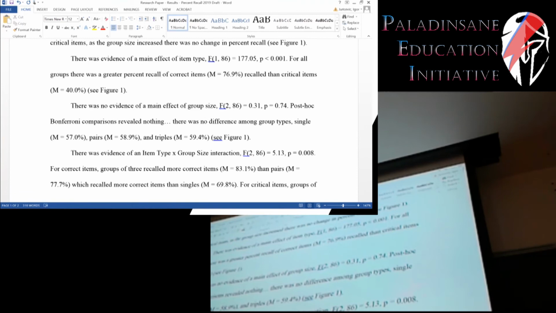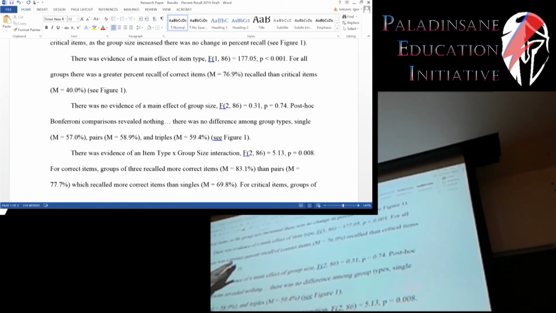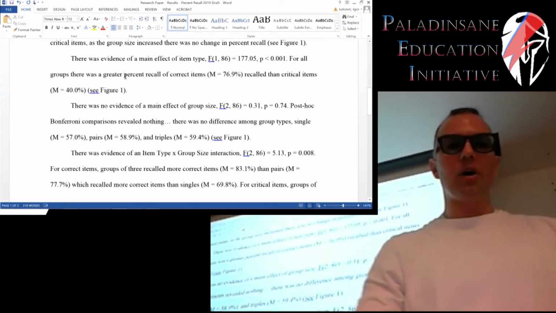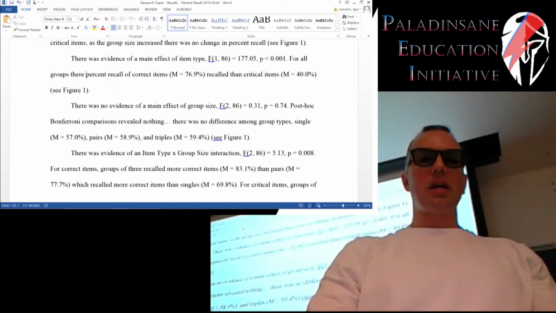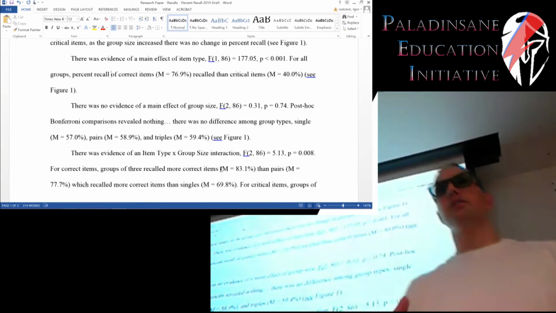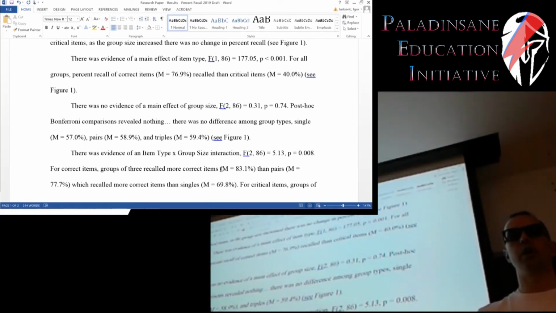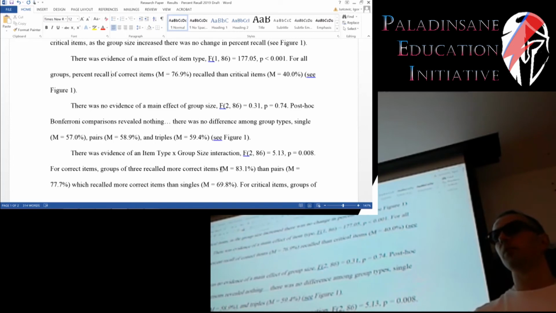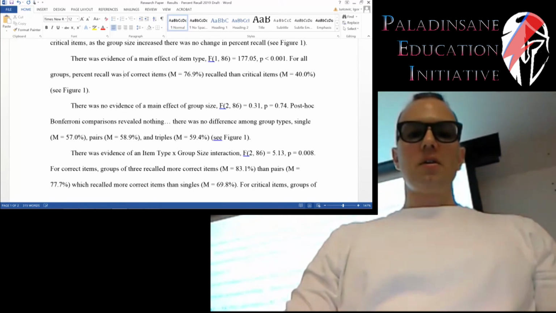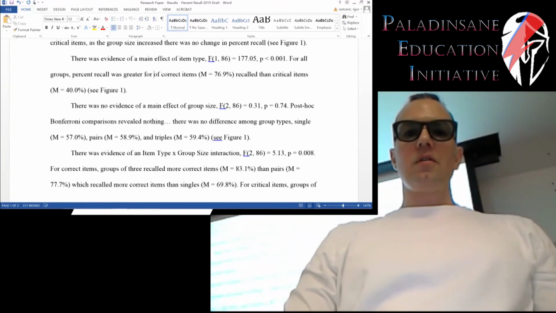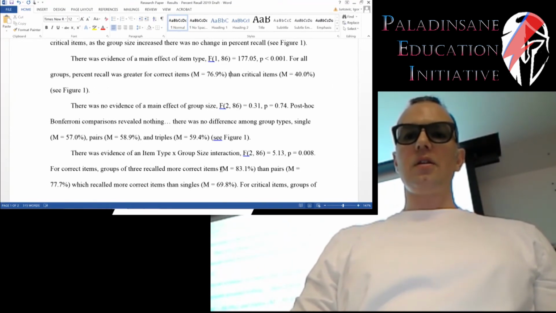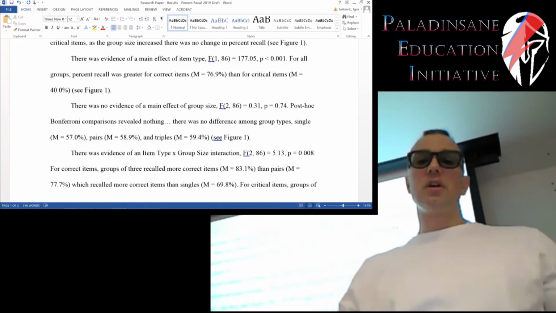So rather than, for all groups, there was a greater percent recall, we could just cut out that there was a greater and say something like, for all groups, percent recall was greater for correct items than, I'll just put in 4 here, than for critical items.